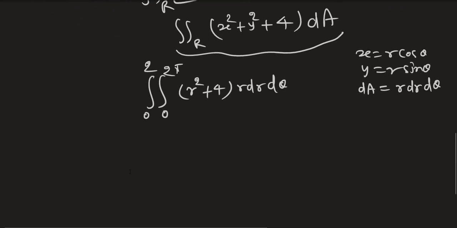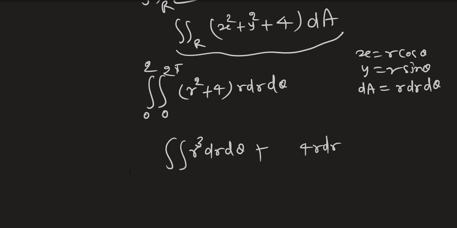Okay, now if you further solve, you can write it as r cube dr d theta plus 4r dr d theta, with limits 0 to 2 pi and 0 to 2.